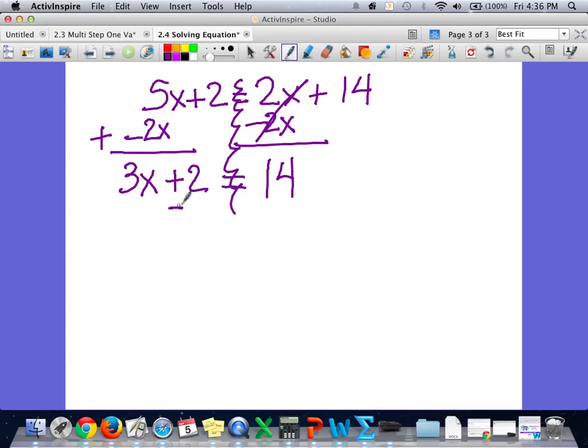I want to get rid of the 2 first by subtracting it, because that is the opposite of positive 2. Remember plus or negative, whatever you need to do. This 2 goes underneath the 14. They're like terms. There's no x's over here. 14 plus a negative 2 will make 12, or 14 minus 2, whichever way you want to look at it.